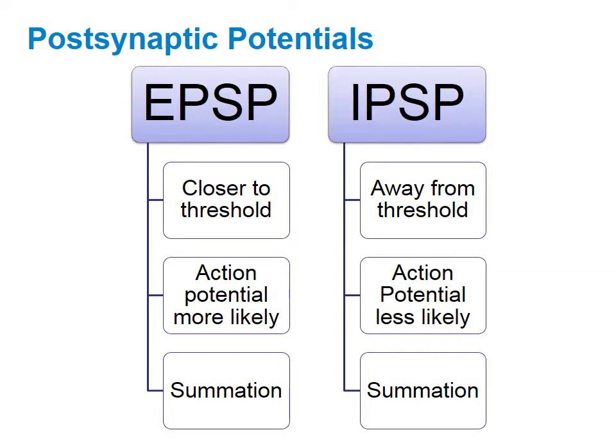An inhibitory postsynaptic potential occurs when potassium leaves or chloride enters the second neuron and it hyperpolarizes away from threshold. In other words, it is inhibited and an action potential is less likely to occur.